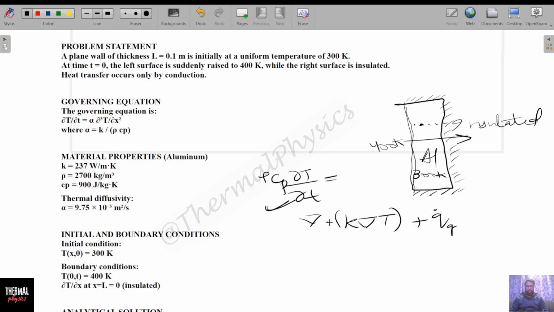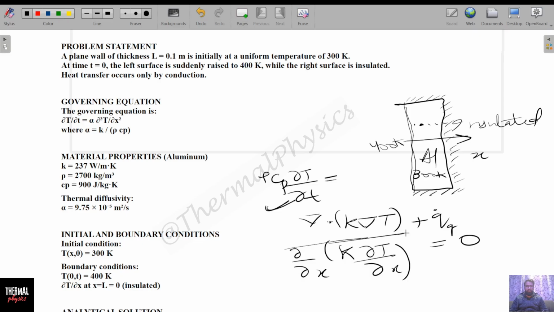Till now we were assigning 0 to this term because of the steady state condition. Since it is one dimensional, this one is going to reduce to dou by dou x, if we consider this x direction, dou by dou x of K dou T by dou x, and we are going to assume there is no heat generation for the simplicity of this problem. So what we are left with is this particular equation.